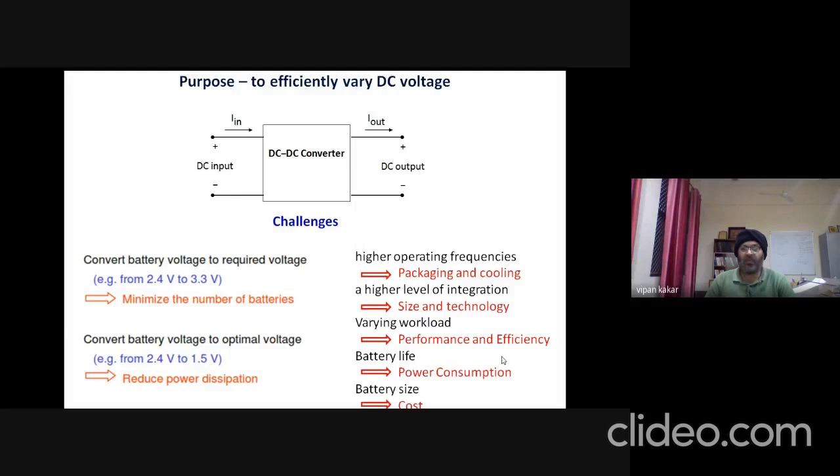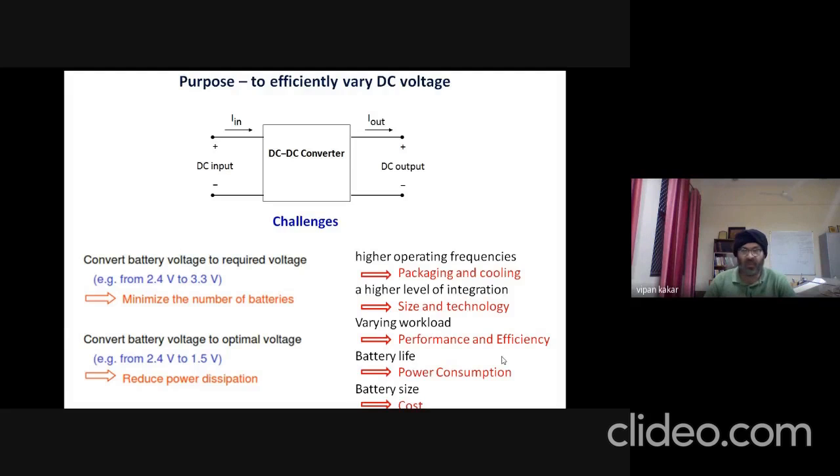That is also kind of a challenge, that how to decrease the size if a large number of components are there. So how to do integration at that level so that the size gets reduced using new technologies. Or is technology available for such kind of integration? That also we'll see as we move forward.